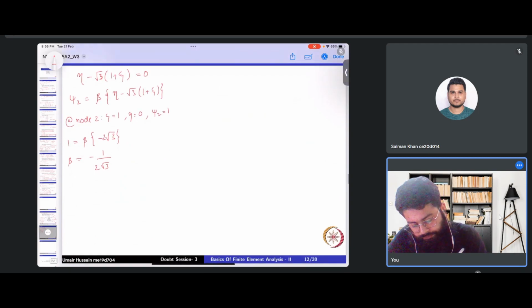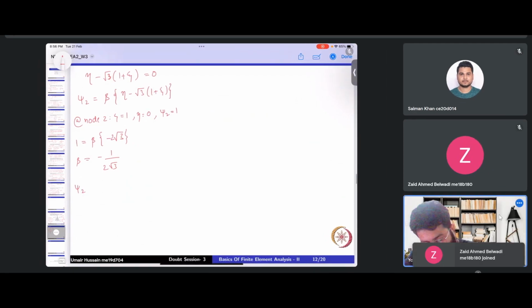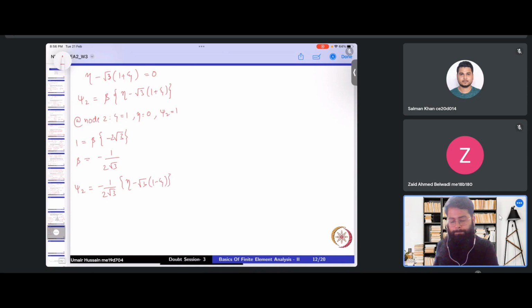So again psi 2 becomes minus 1 by 2 root 3 times eta minus root 3 times 1 plus zeta. So we can further simplify it as 1 plus zeta by 2 minus eta upon 2 root 3.